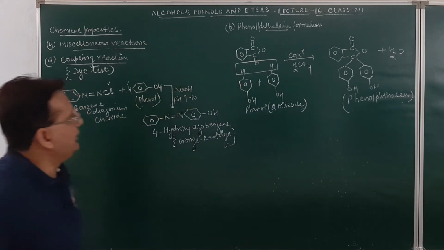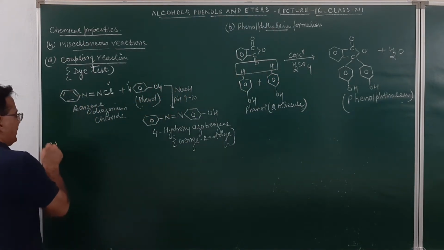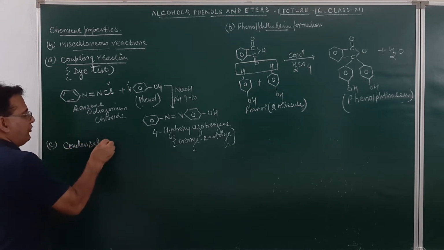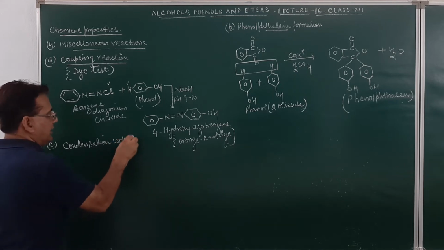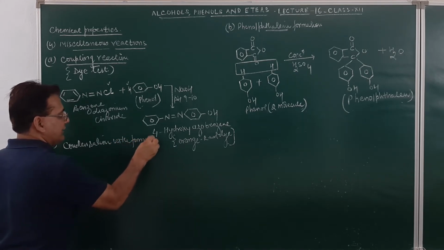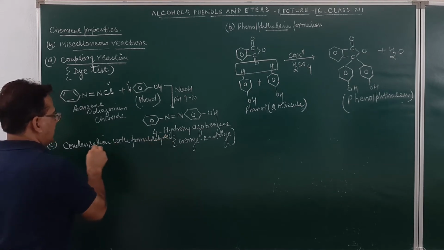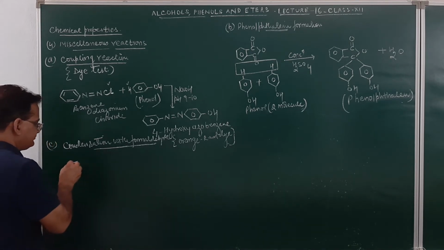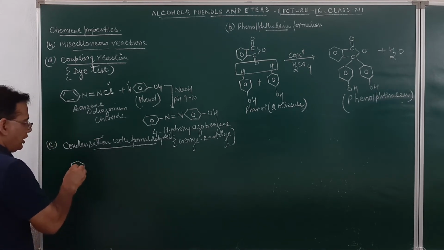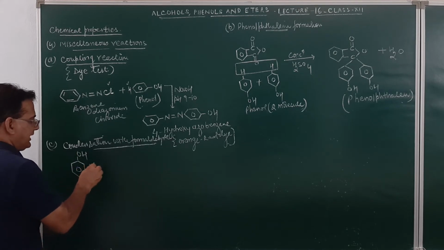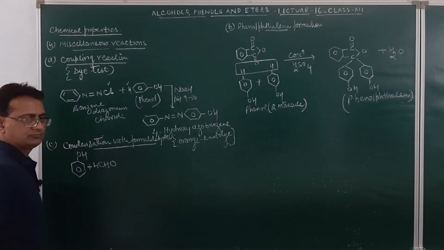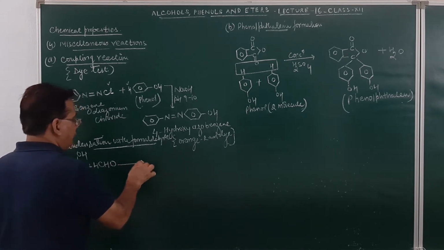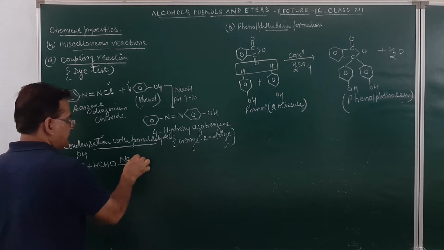So, condensation with formaldehyde. How do we carry out this reaction? If you take a phenol molecule and react it with formaldehyde, the reaction takes place in presence of sodium hydroxide.